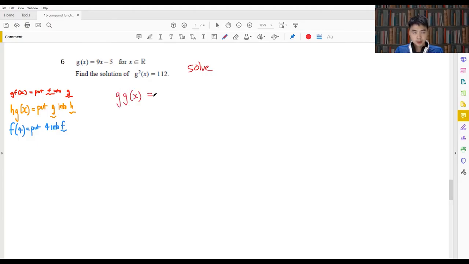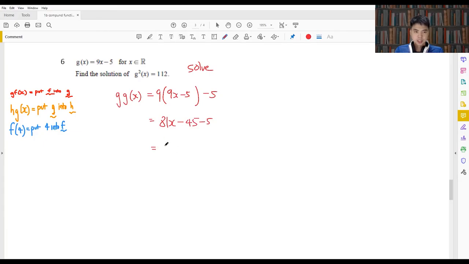Okay, find the composite function first. It's going to be 9x minus 5, this is multiplied by 9, minus 5. Okay, you would therefore have gotten 81x minus 45 minus 5.